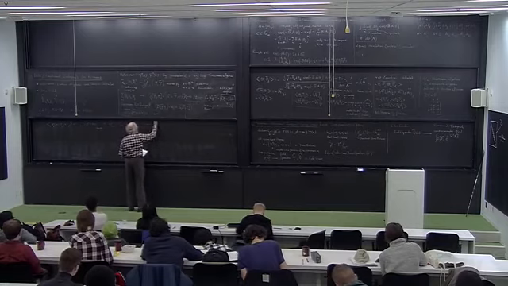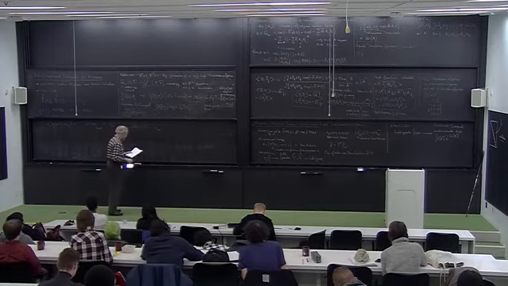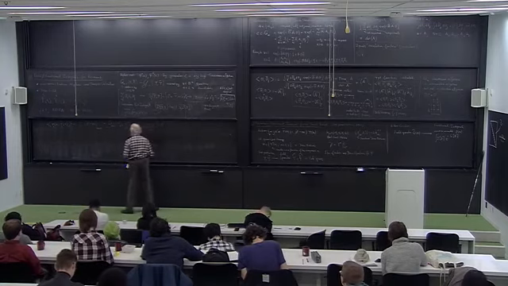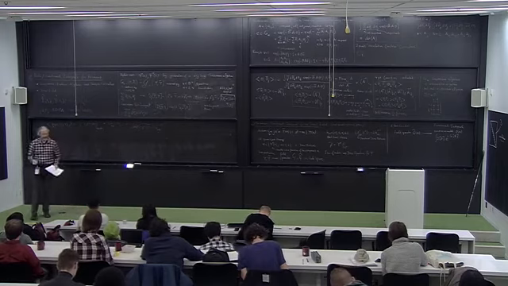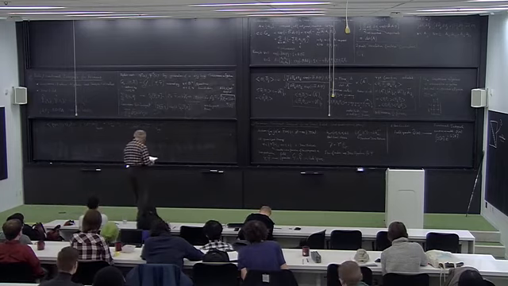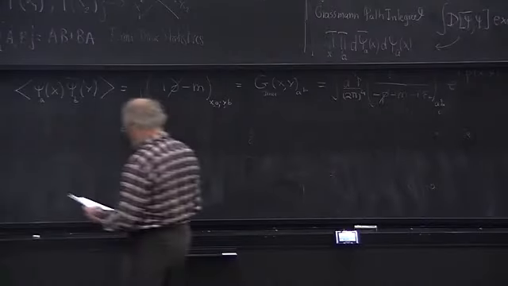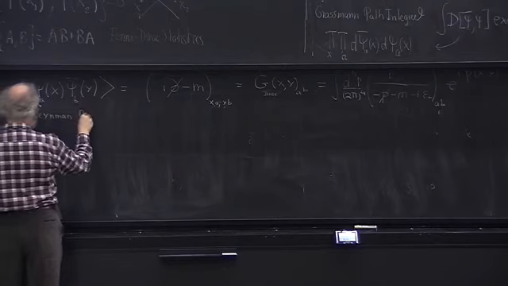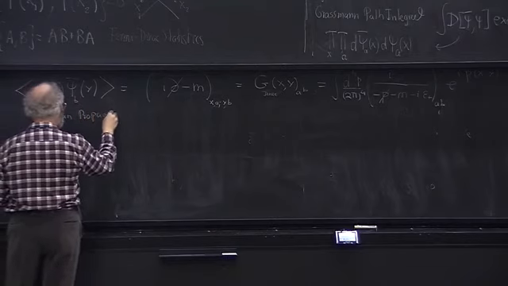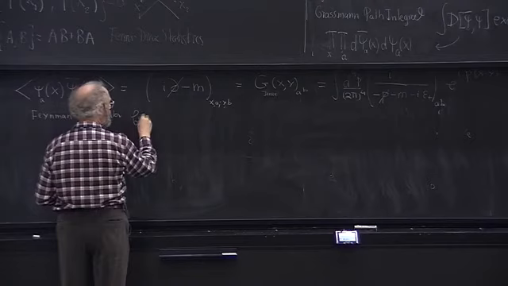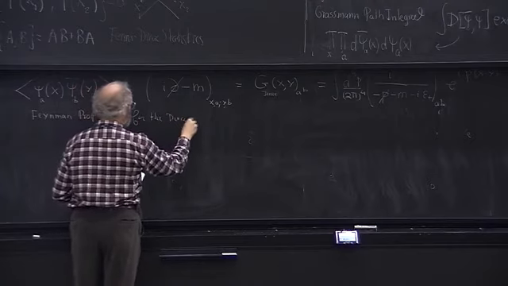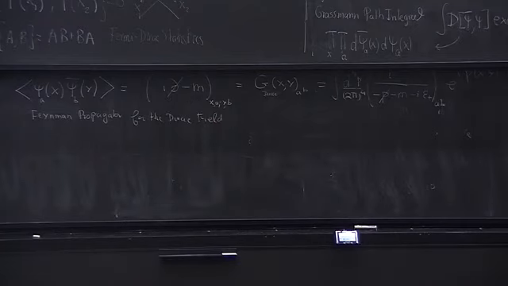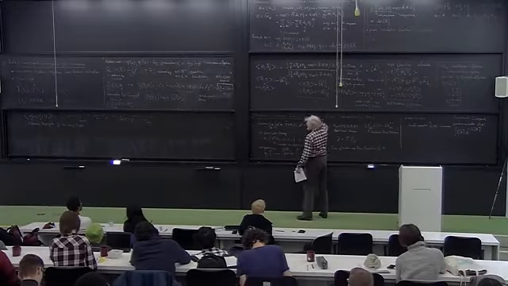So you take this matrix, you take its ab matrix element, e^{ip(x minus y)}. So it's just a consequence of what we did. So you get the correct Feynman propagator for the Dirac field, just applying the rule, especially this rule.